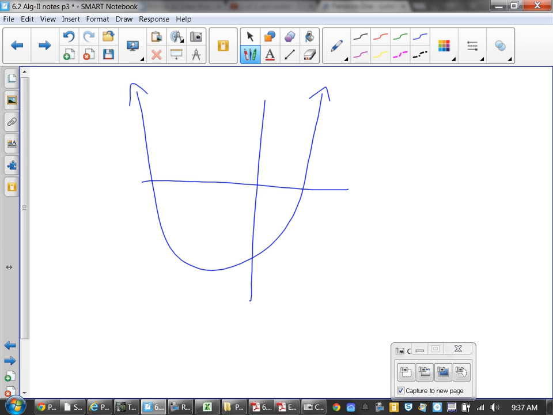It's up like a cup, therefore it's what? It's an x squared, and it's positive. So we know right off the bat it's a positive function because it's up like a cup. It's an x squared term because it looks like a parabola. Yes, ma'am? It goes on forever because they're never going to meet, because I have the little arrows on there showing the tails.